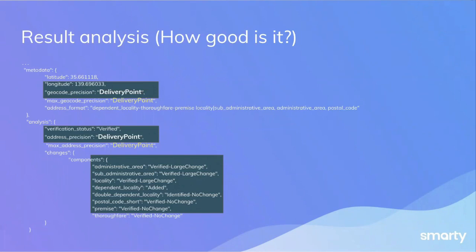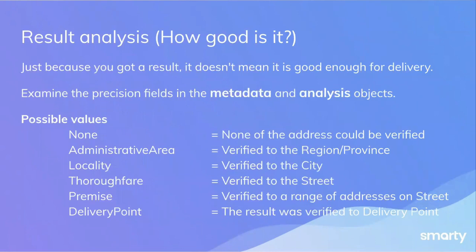So when you are analyzing international addresses, it is very important to take a look at this analysis section to be able to determine how good your result really was. And these next two slides just go over the possible values of this.